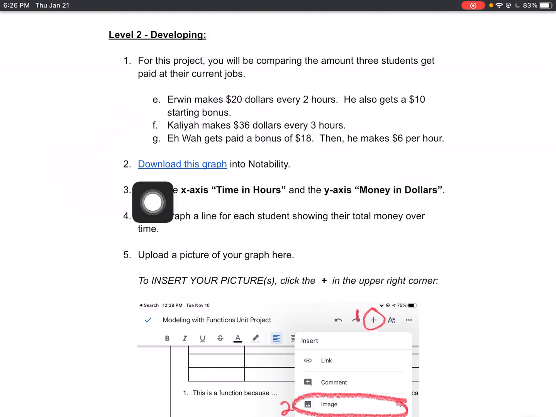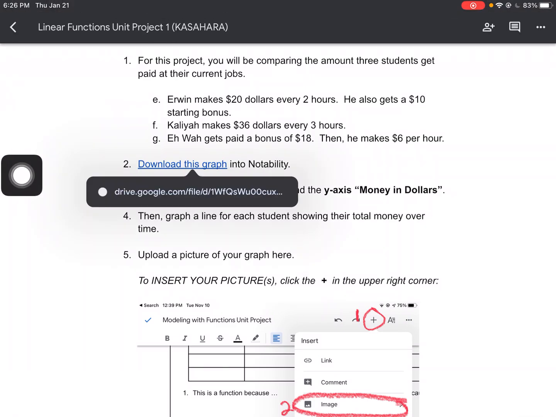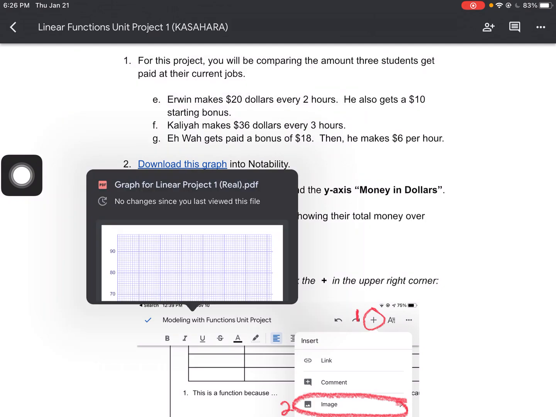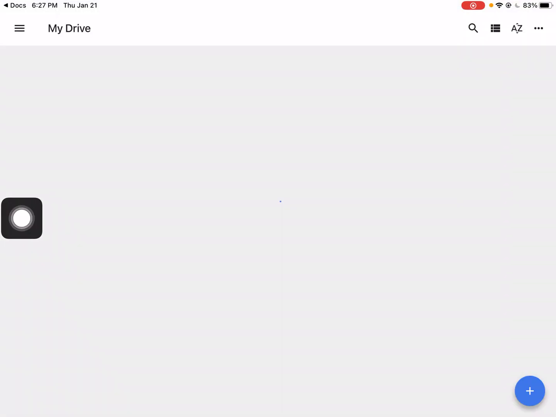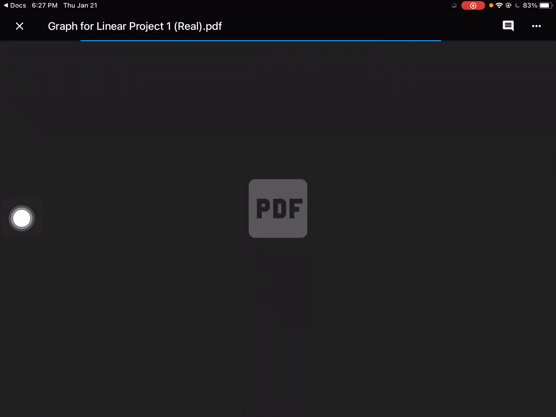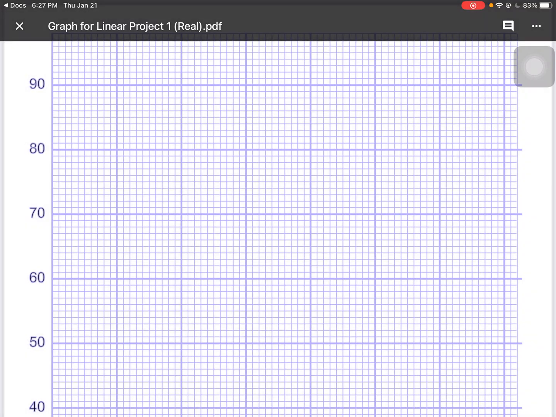So I'm going to click on this link and tap on the blue part where it says graph for linear project. Then I'm going to click on the 3 dots in the corner once it finishes loading. There we go.